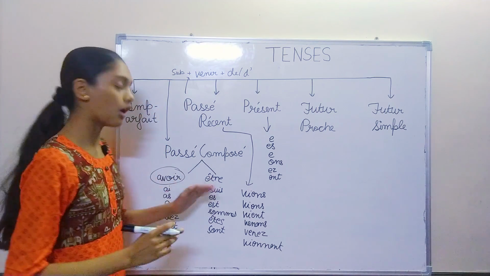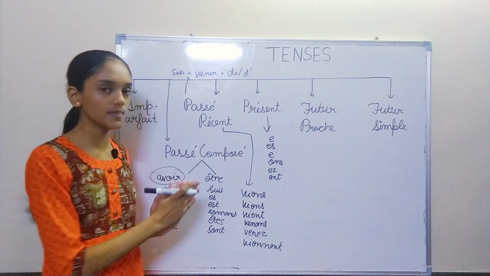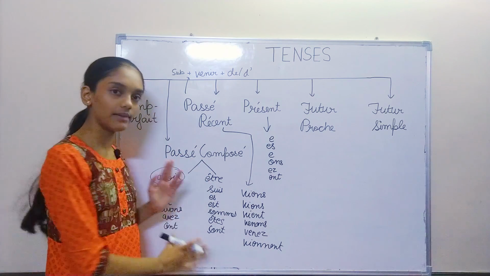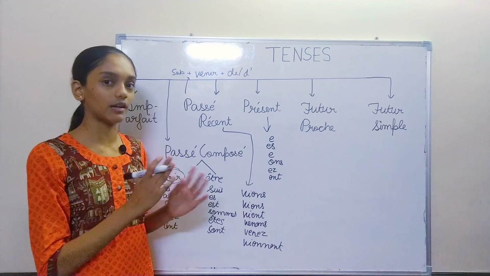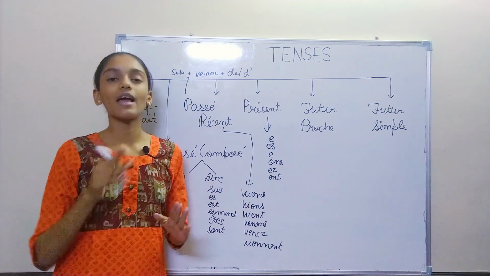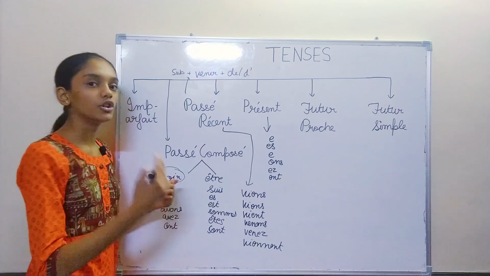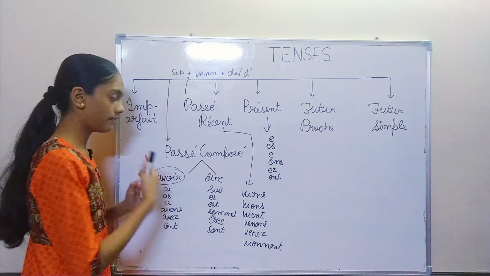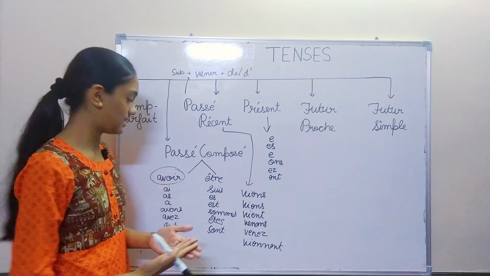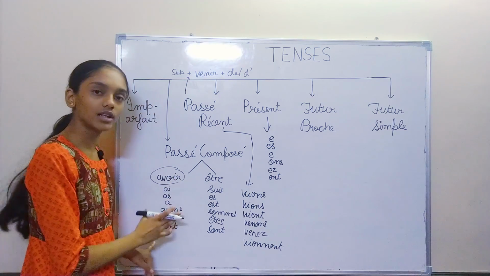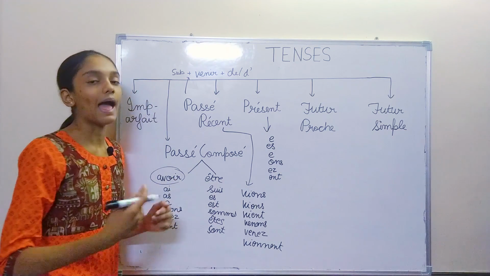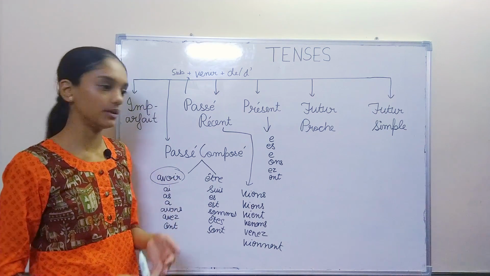So this is how you do Passé Composé with these 2 verbs. First, you need to know which are done with avoir and which are done with être. I'll not go too deep into that. Then you place the subject, avoir or être, whichever it is. Then you conjugate it according to the subject.